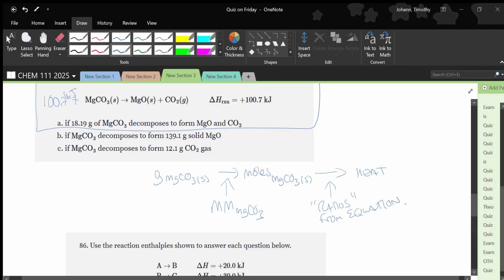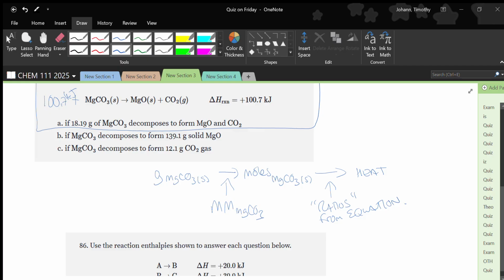If you were having trouble getting started here, you know how we have our moles highway, right? You go to moles, so we can have a grams to moles problem, a grams to grams problem. This is a grams to moles to heat problem. Grams to moles, we've done that a lot of times. We use our molecular mass to get from grams to moles.